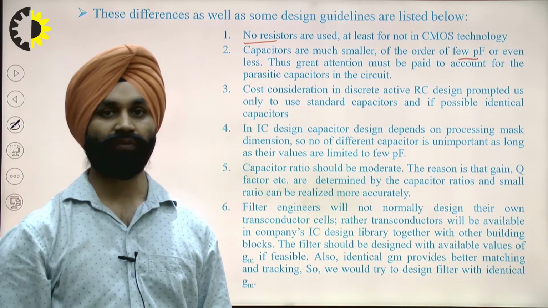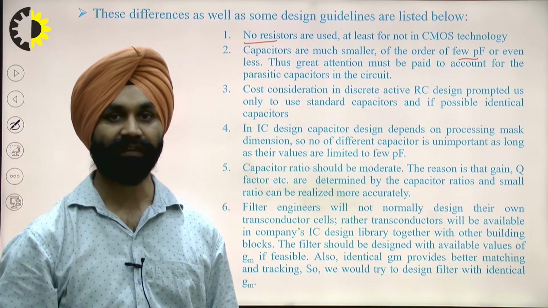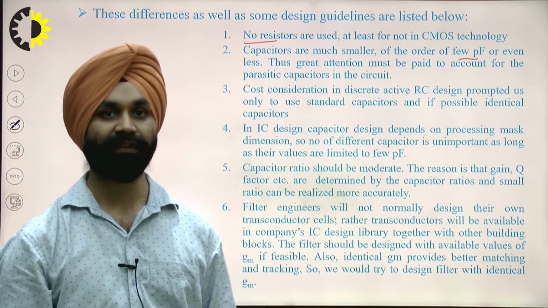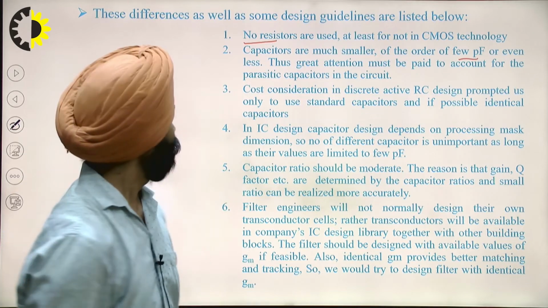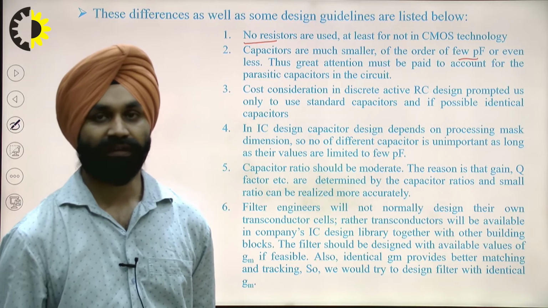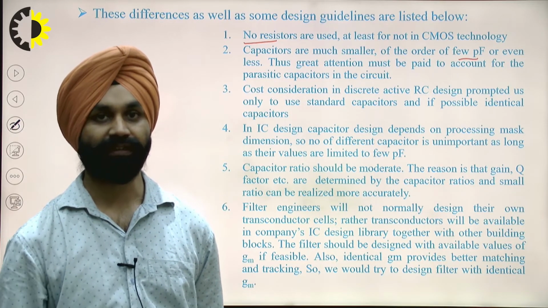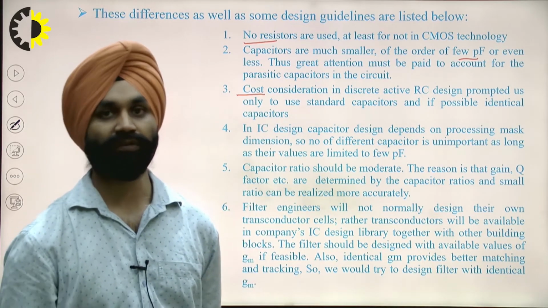Also, if in some cases, as we take the ideal condition, two identical capacitors or components are required, that can be created using these transconductances. Obviously, if we are creating the RC component using the same component, using the transconductance, the cost will be reduced.